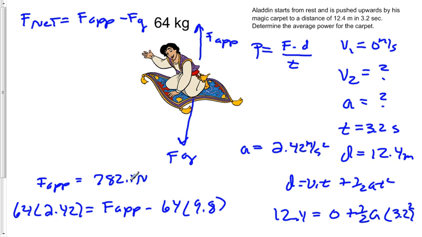Okay, and then I need to figure out what my power then would be. So power is going to equal my force multiplied by my distance divided by my time. So now I go 782.1 multiplied by my distance of 12.4 meters.